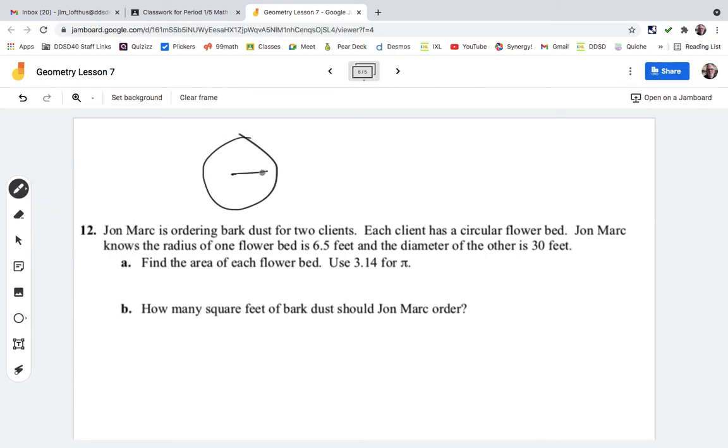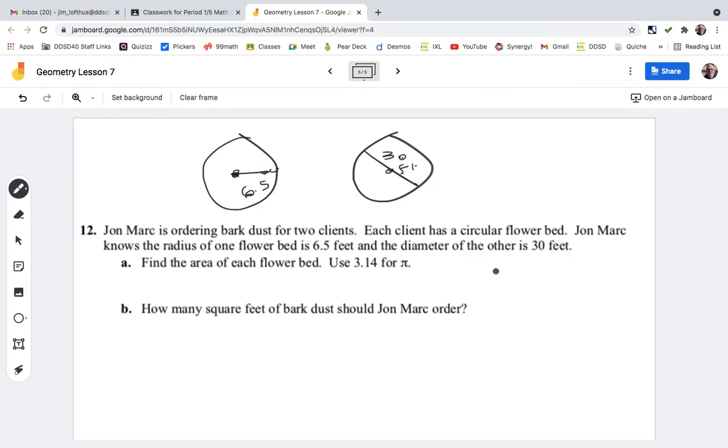This is the one that has a radius of 6.5 feet. And here's the other one, has a diameter of 30 feet. And the area of each flower bed. How many square feet of bark dust should John Mark order?